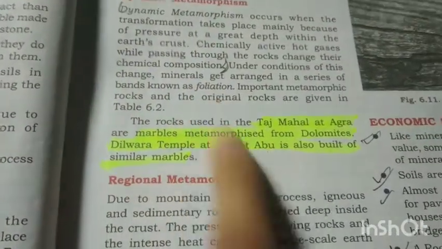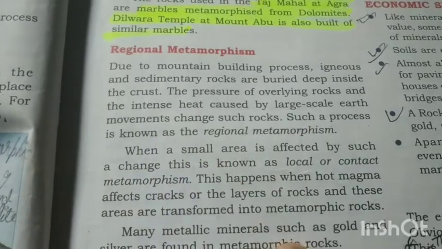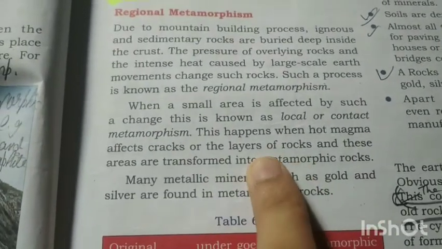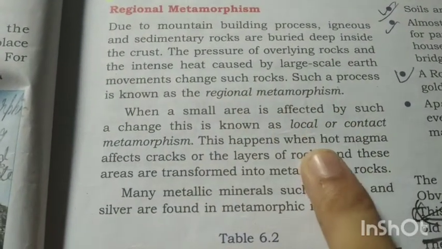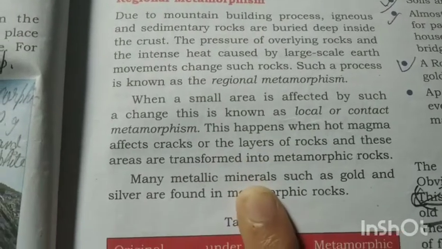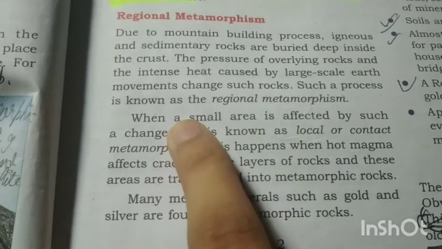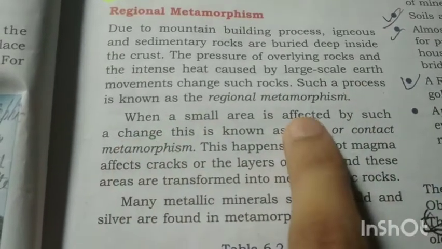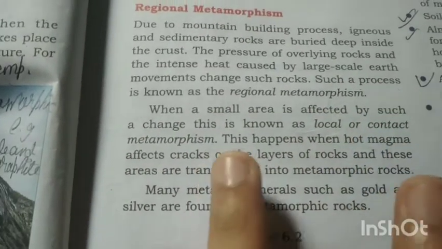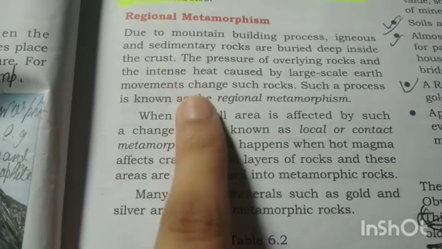Here both factors are there: because of pressure and intense heat, such rocks are formed by the process of regional metamorphism. Both factors are there, pressure plus heat.